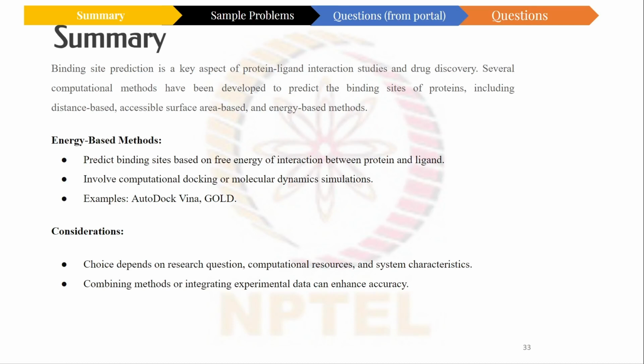But they have their own limitations: they are computationally demanding and time consuming, require high quality protein structures, and may be sensitive to structural inaccuracies. So in summary, each method for predicting the protein binding site has its own strengths and limitations, and we often choose a method or a combination of these methods based on the specific requirements and constraints.